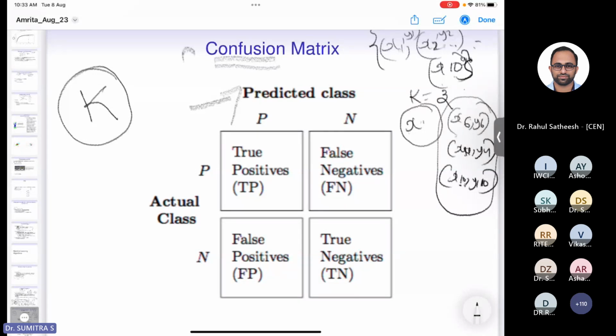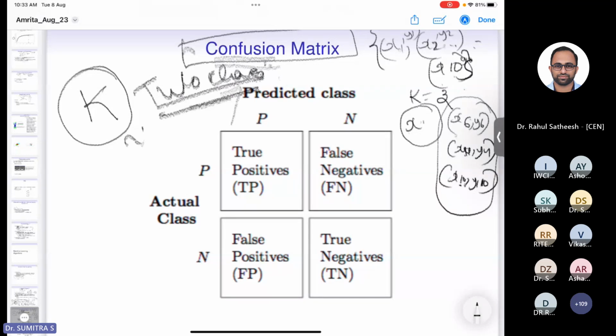So the next question is, how will you find the performance of the models? For that, I'm going to introduce something. I'm speaking about the two-class classification problem, where y takes two different values only. For this, I'm introducing some terminology called the confusion matrix. It's not confused, but the name is confusion matrix.